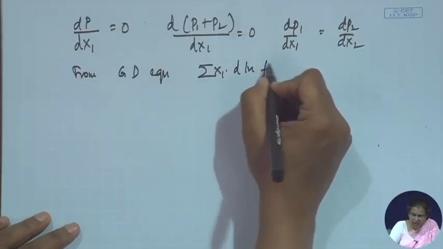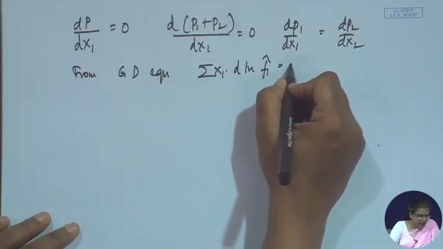One more thing I would like to mention: we are using the Gibbs-Duhem equation, either in terms of chemical potential or fugacity or activity coefficient, just to find out some data when other data are known, or to test the thermodynamic consistency of VLE data, which we will be discussing in the next class, or maybe to prove certain things which are not very self evident, as we will be doing in this particular case. From the Gibbs-Duhem equation in terms of fugacity, we know that the equation is this.